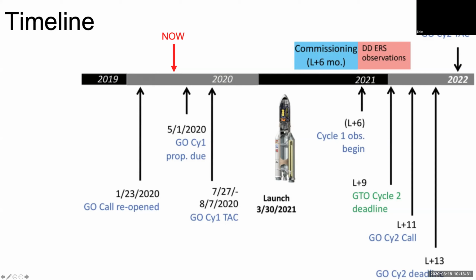And note here that the cycle 2 deadline is just 3 months after the start of cycle 1. So very, very shortly after the start of cycle 1. So if you plan on submitting a cycle 2 proposal based on existing data, you have a very short time to obtain and analyze the data. Otherwise, you're in the same boat as for cycle 1, based on best estimates rather than actual images.